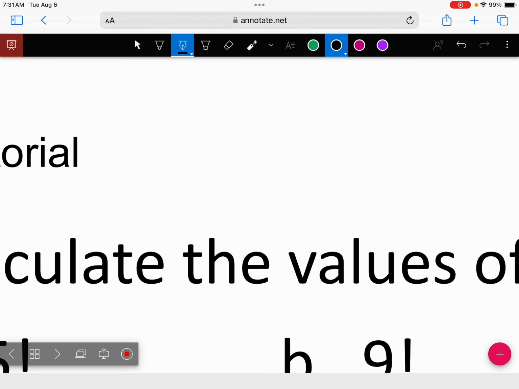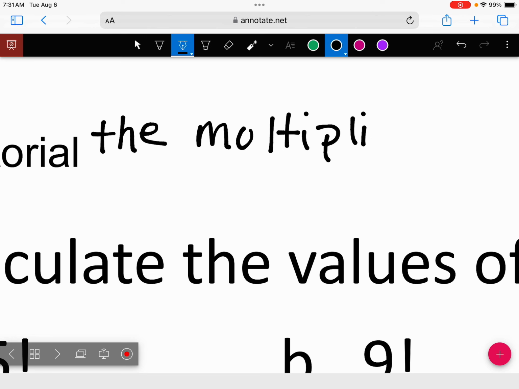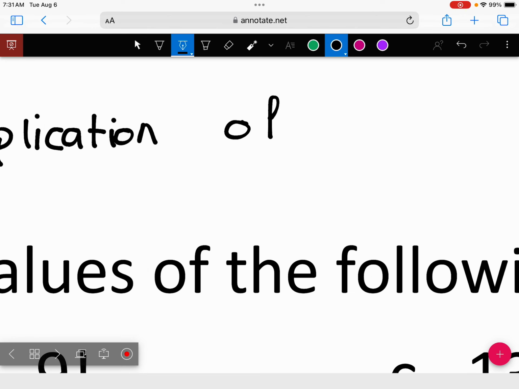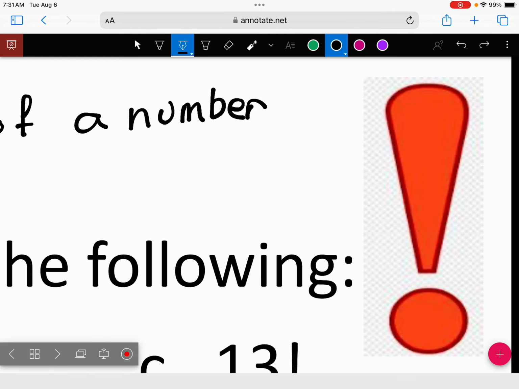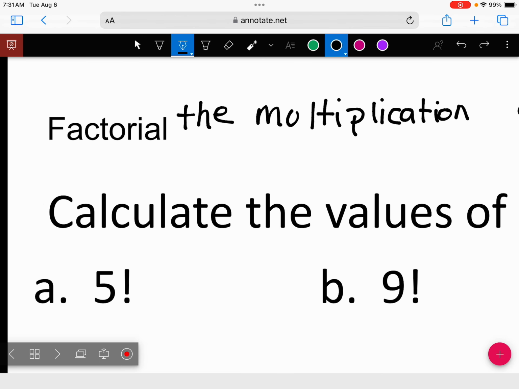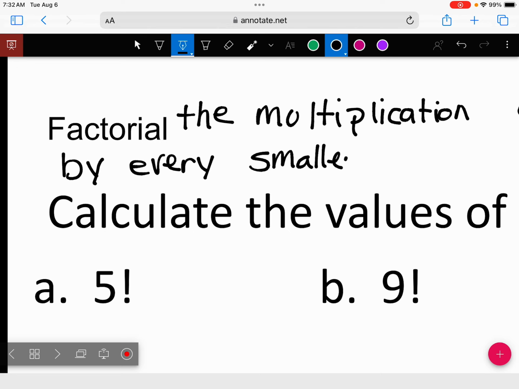And what it is, it's the multiplication of a number by every smaller whole number.